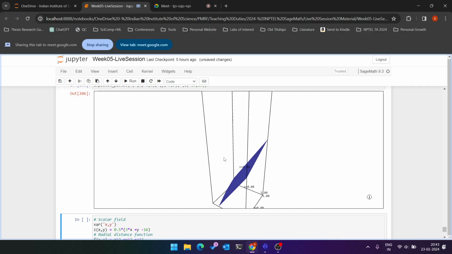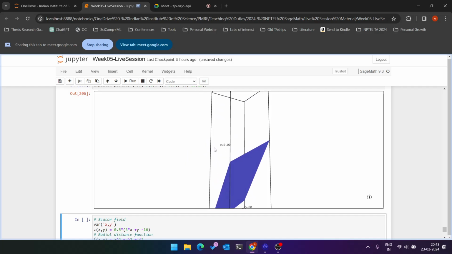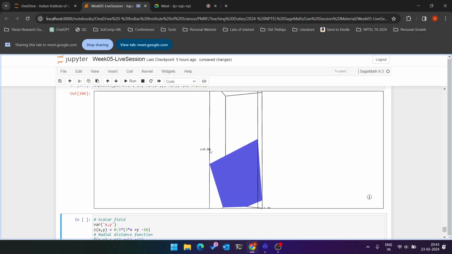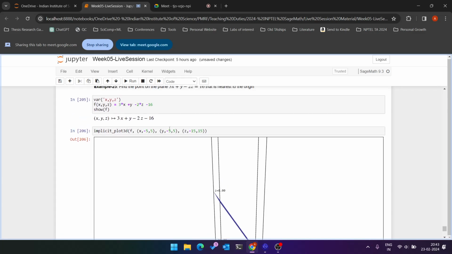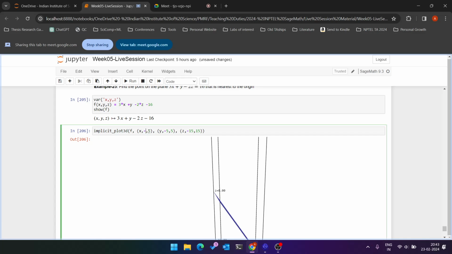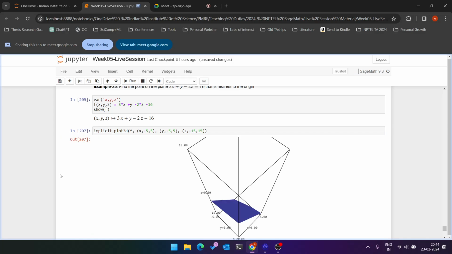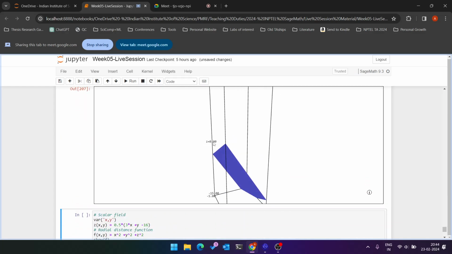What do I see in this implicit plot? Basically this is my z equals 0, so I need a few more points here. So maybe x going from minus 10 to 10, or I'll leave it like this for the moment. So this is my z equals 0.